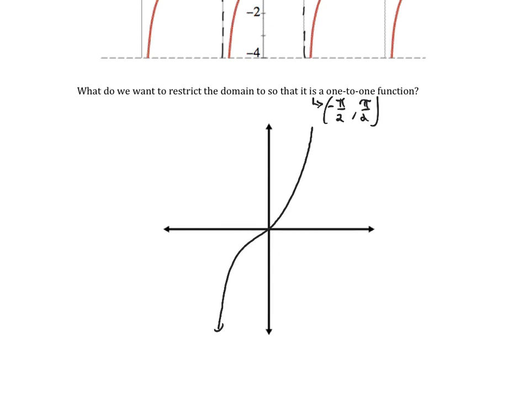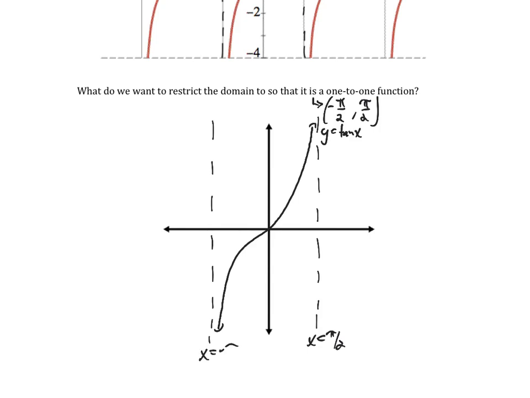That's y equals tangent of x. I don't want to get things too messy here, but remember that there are vertical asymptotes at negative pi over 2 and pi over 2 on both sides of that graph I just drew. Why don't I draw them in just to be safe? I'll use different colors. So there's x equals pi over 2. Here is x equals negative pi over 2.